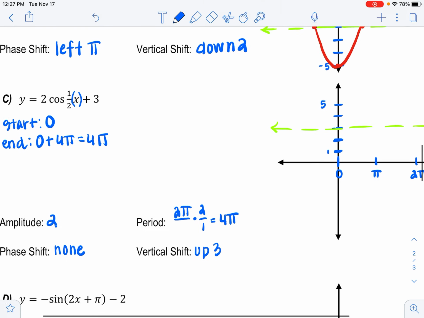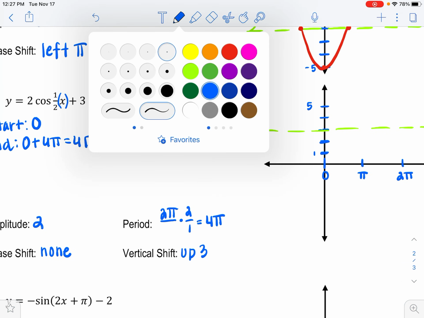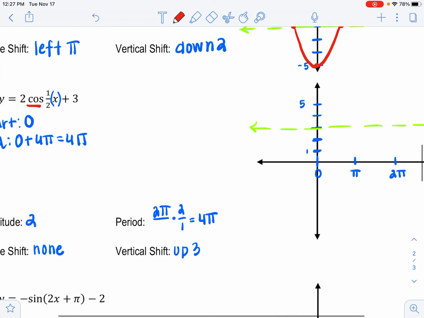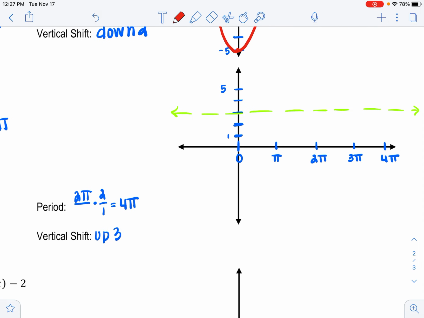Okay, I'm ready to graph my cosine function. So notice I didn't even look to see what kind it was yet. This is cosine. Okay, so remember it goes highest on, lowest on, highest. So I'm going to go to my first tick mark, which is 0. I'm going to go the highest it goes, which is 5. My next tick mark, which is pi, I'm going to go on the midline.